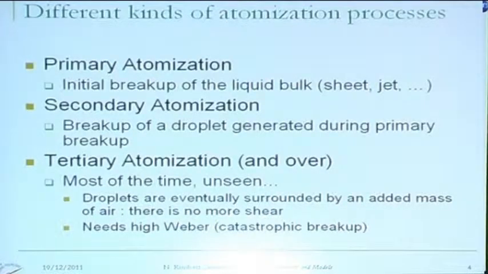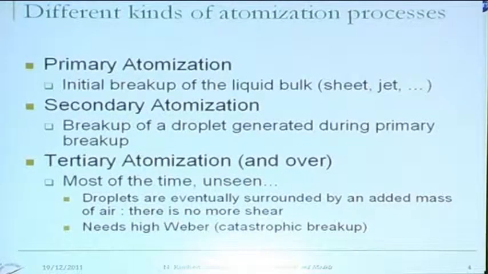There is a classical distinction between primary atomization, secondary atomization, and tertiary or other kinds of later atomization. Most of the time, when the bulk of the liquid is breaking, it's primary atomization. When the droplets generated by primary atomization break, it's secondary atomization. And then you could have third order atomization, but most of the time it's unseen.